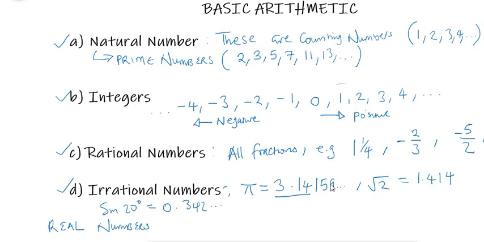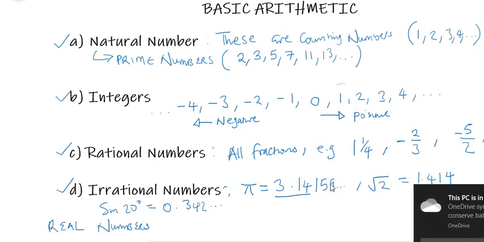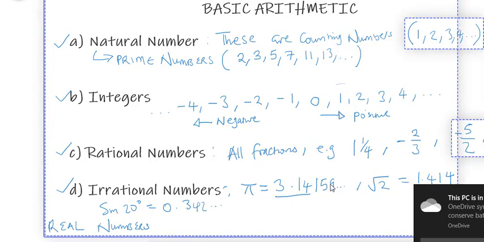So meaning that if I am to put up a number line, let me just erase this. Say we have a number line like that, and then we have our 0 there.